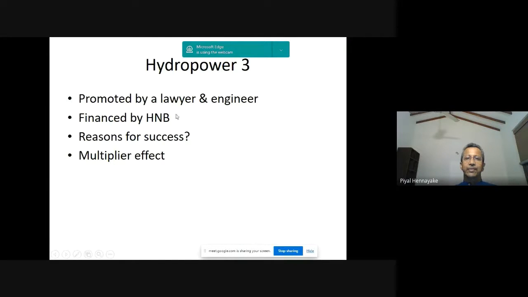Hydropower 3 is promoted by a lawyer and engineer, right? And financed by HNB. Reasons for success, that multiplier effect. Now, this lawyer, when he came through my DGM at that time, who was in Union Bank later, and then HNB director, now HNB chairman.